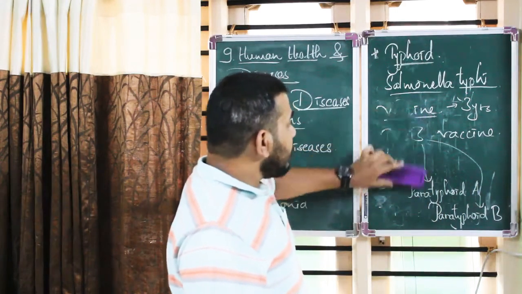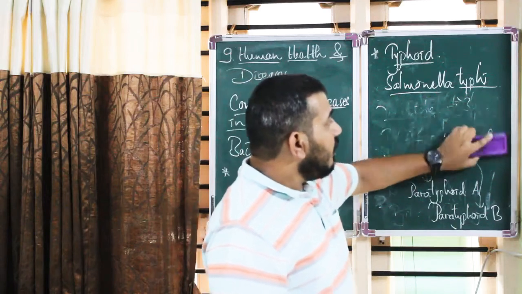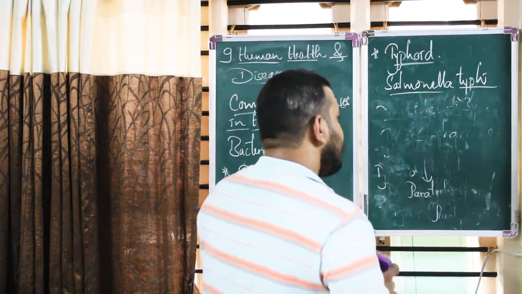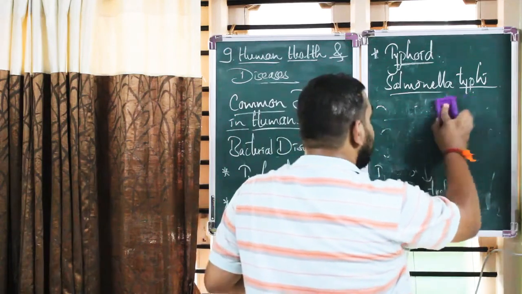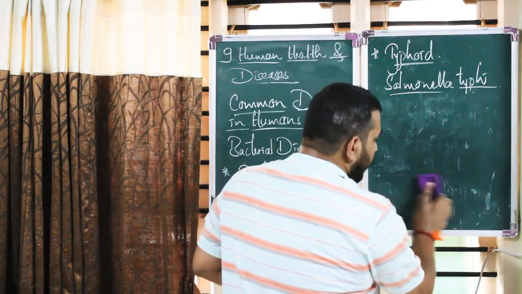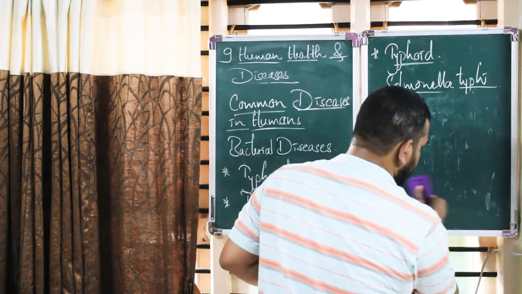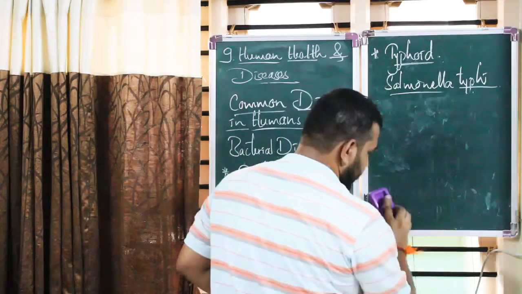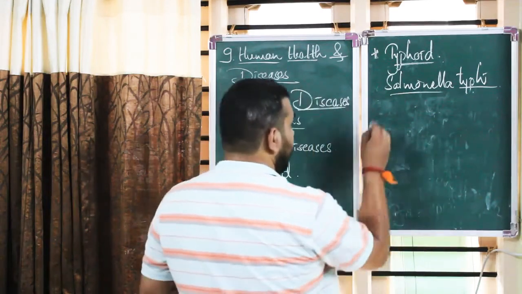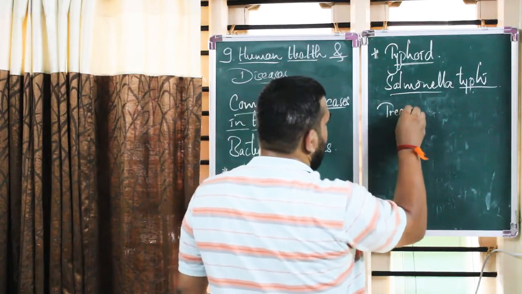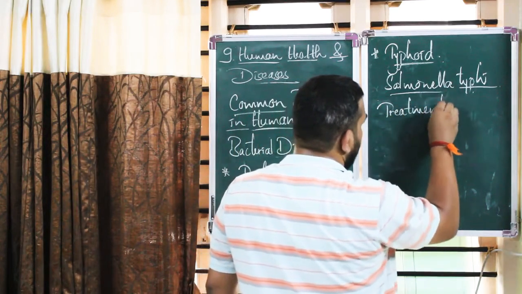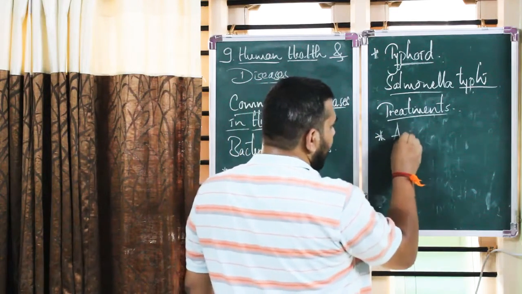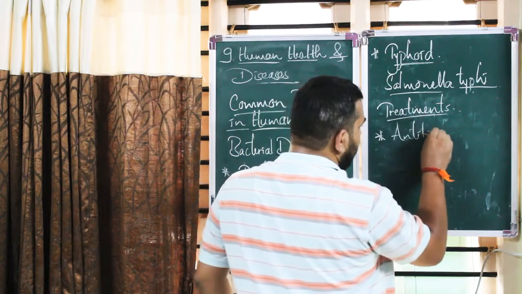How can we treat typhoid then? Now, if a person has not taken this vaccine and is suffering from typhoid, what are the treatments available? Typhoid is treated by antibiotics.